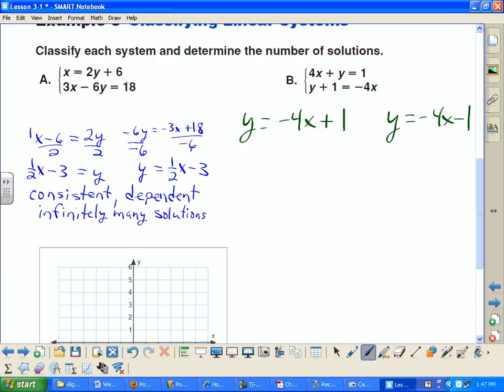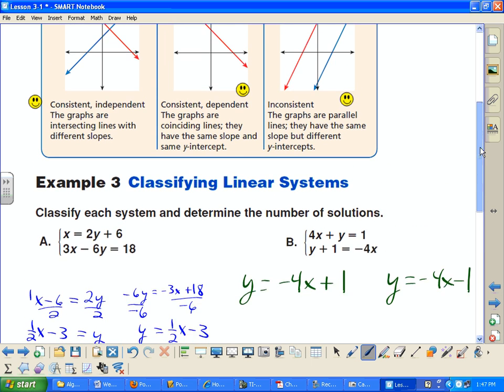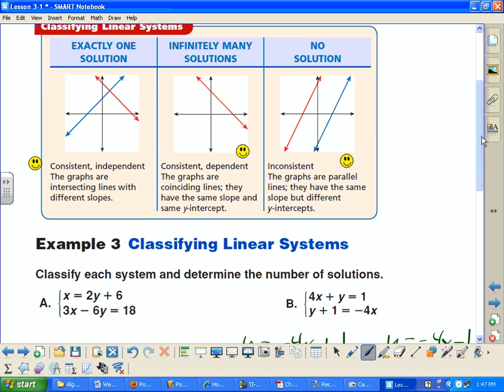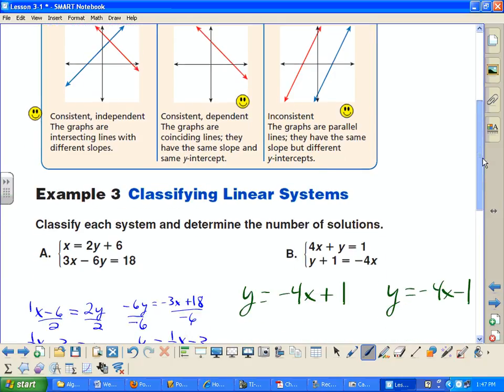So here we have the same slope, but different y-intercepts. That tells you that the lines are what? Parallel. They're parallel lines, which means they are going to be inconsistent, and there is no solution.